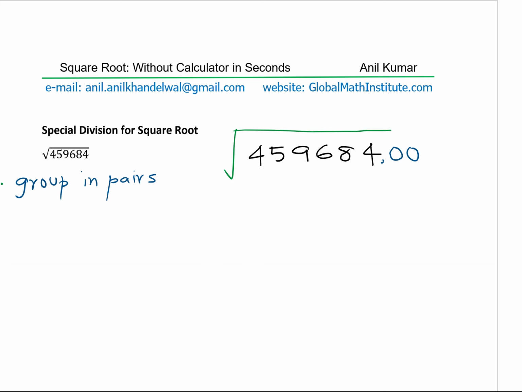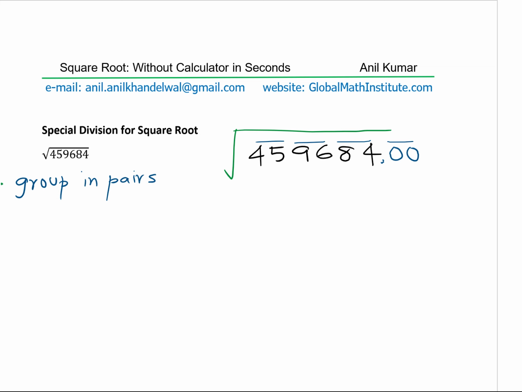That forms the first pair, then the second pair and the third pair. If we have an even number of digits, it doesn't matter where you start, but if there are an odd number of digits, it will matter. So pairing starts from the decimal point. You move left for bigger numbers, and to the tenths and hundredths places, move right, again in pairs.